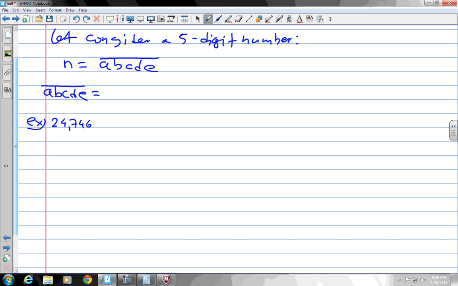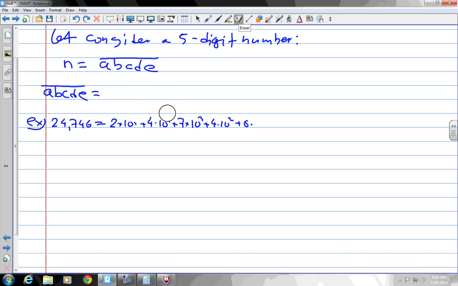Right? This number in base 10 is written like this: 2 times 10 to the 4th plus 4 times 10 cubed plus 7 times 10 squared plus 4 times 10 plus 6 times 10 to the 0. So the exponents go 4, 3, 2, 1, 0.